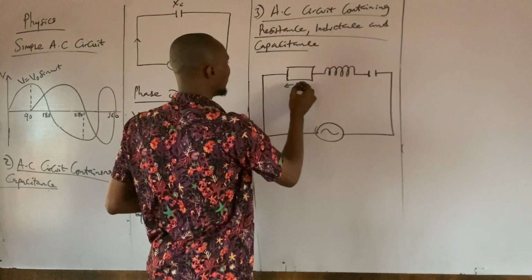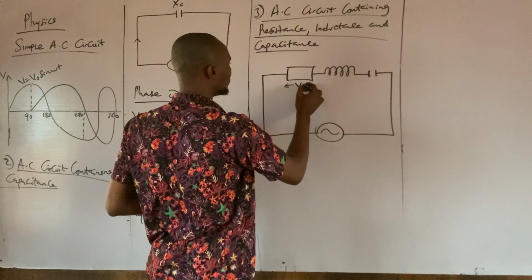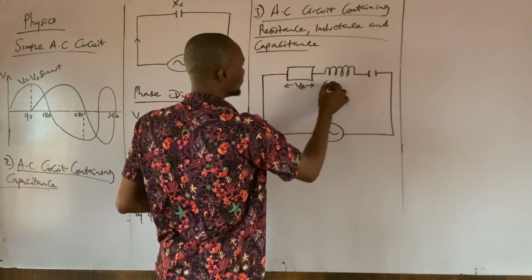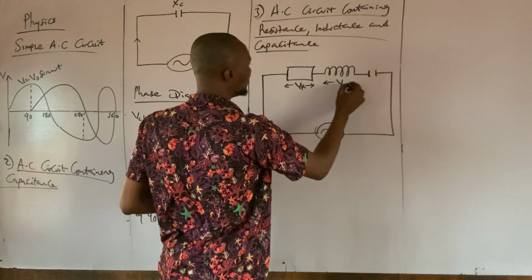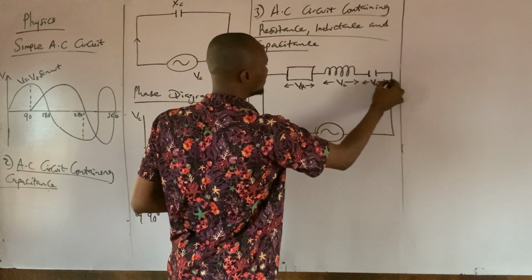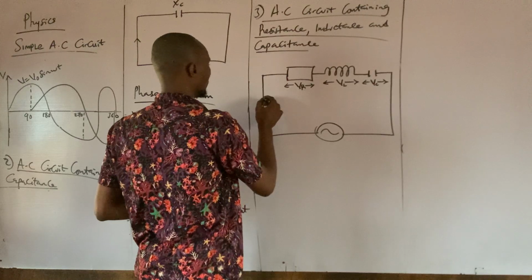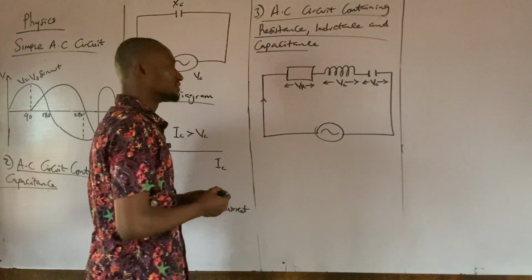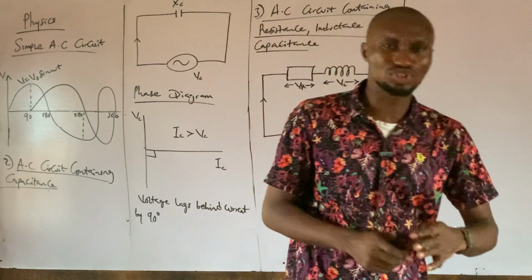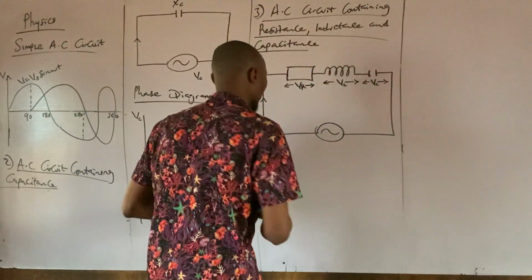From here to here, call it VR. From here to here, call it VL. From here to here, call it VC. Are you there? So now, here we're going to learn impedance. Impedance is an opposition to the flow of what? Current.